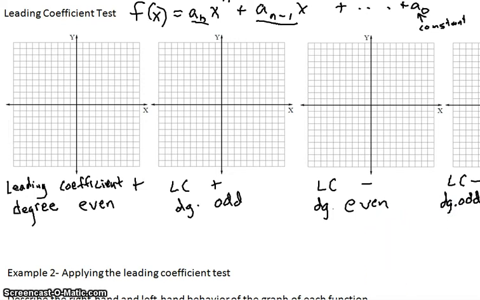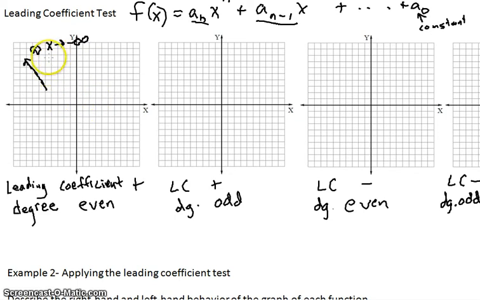Now, if our function has a leading coefficient that's positive and the degree is even, this is how the general shape of the graph is going to look. It's not going to be very specific, but we know that at some point in the graph, as x gets extremely negative, so x is going towards negative infinity, what that means is the numbers you pick for x get smaller and smaller.